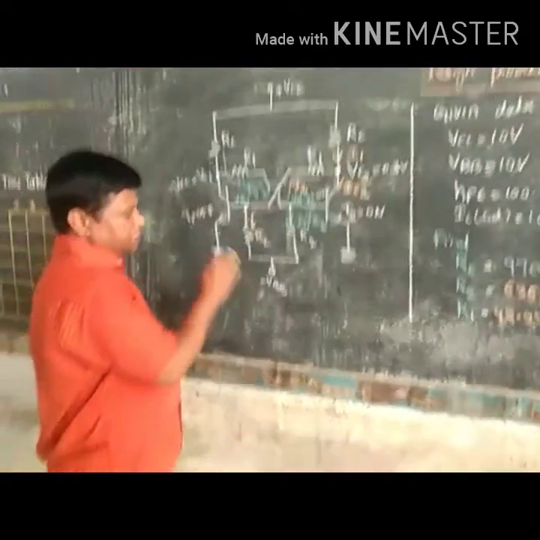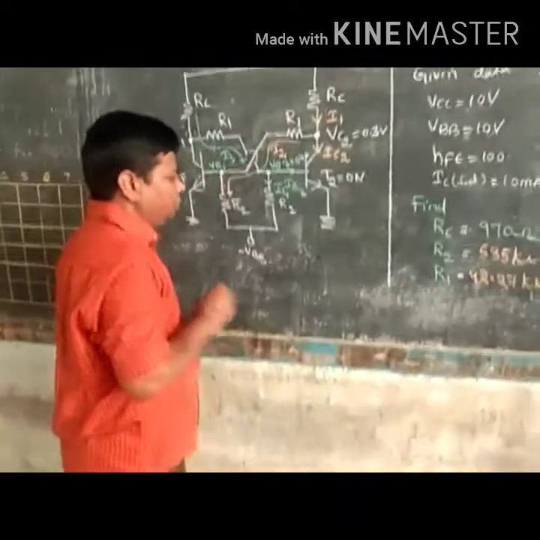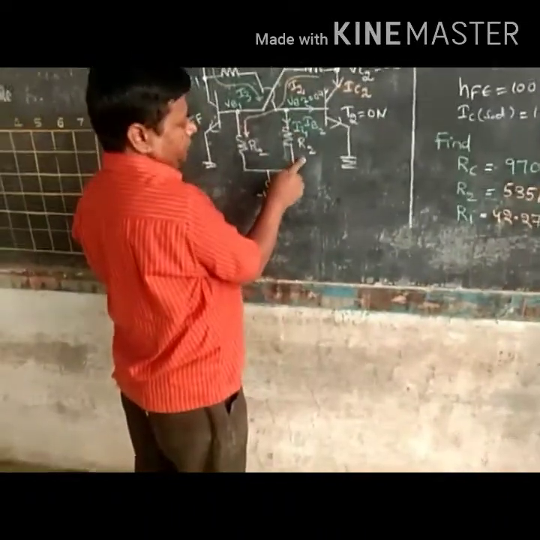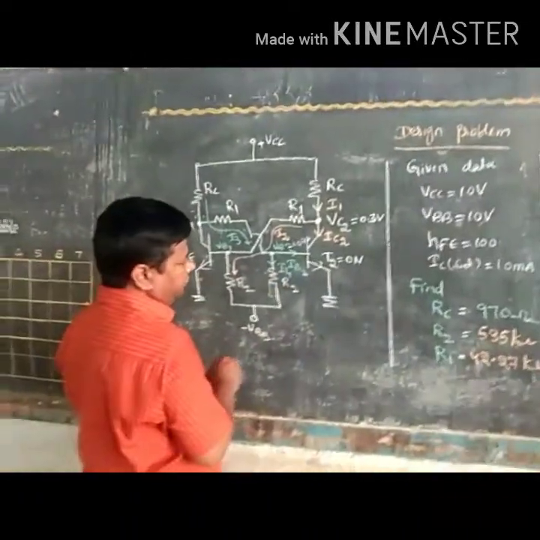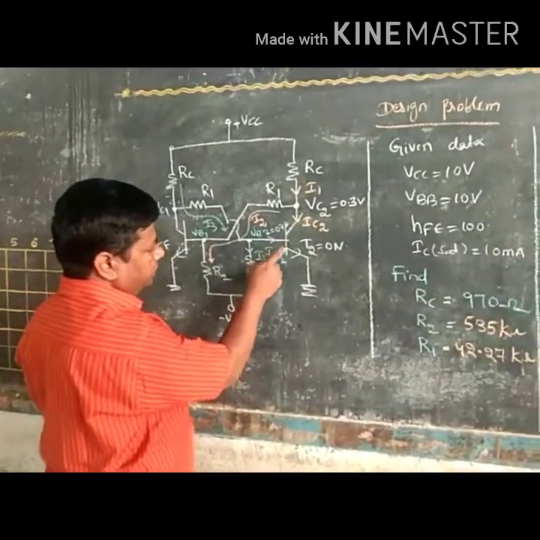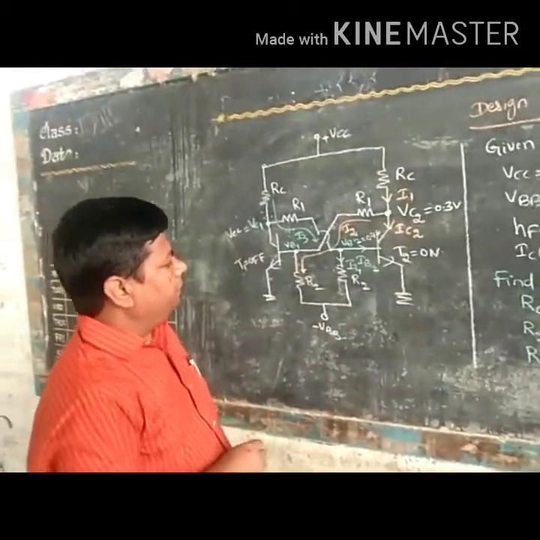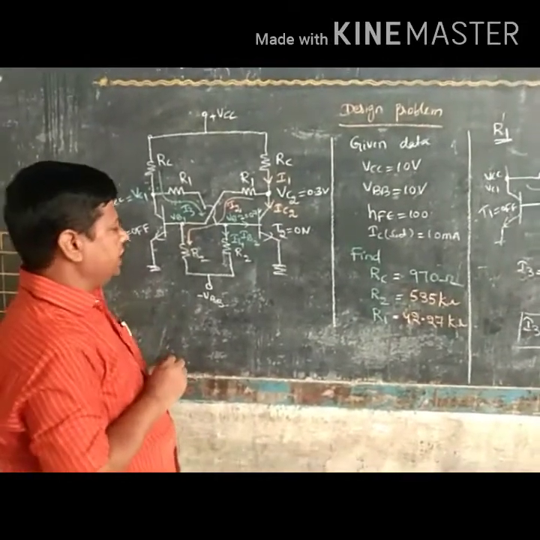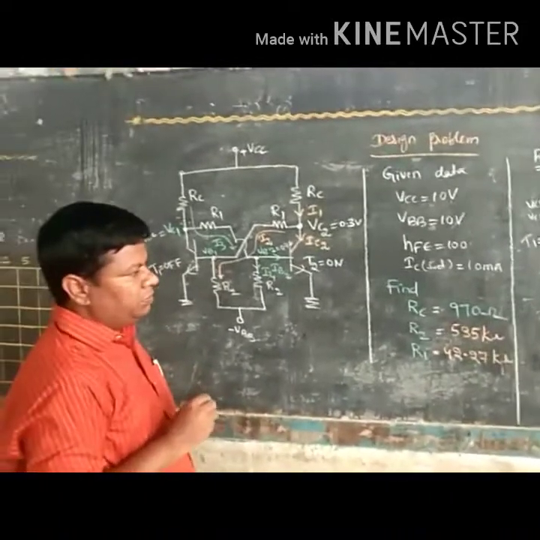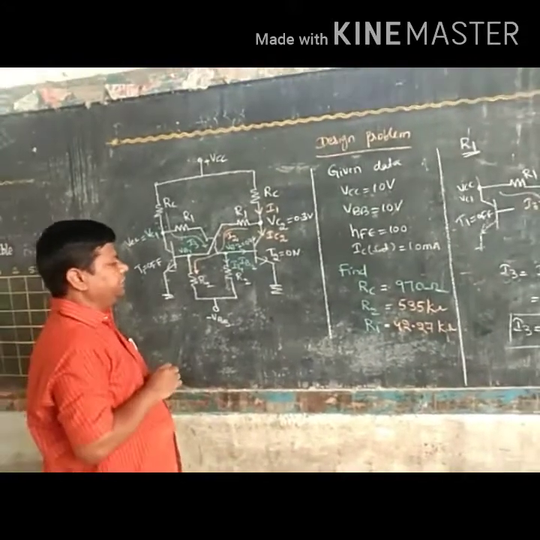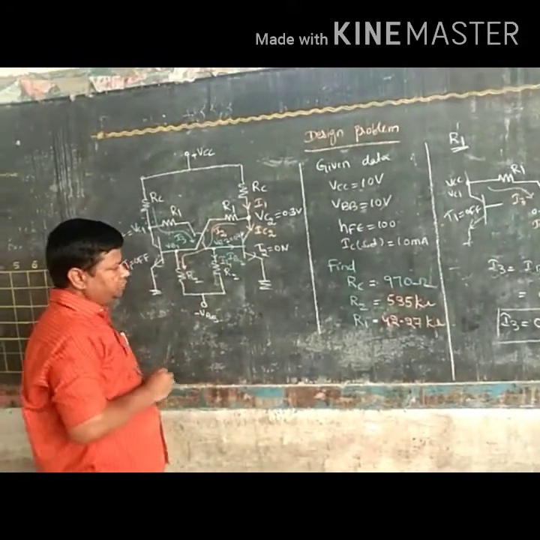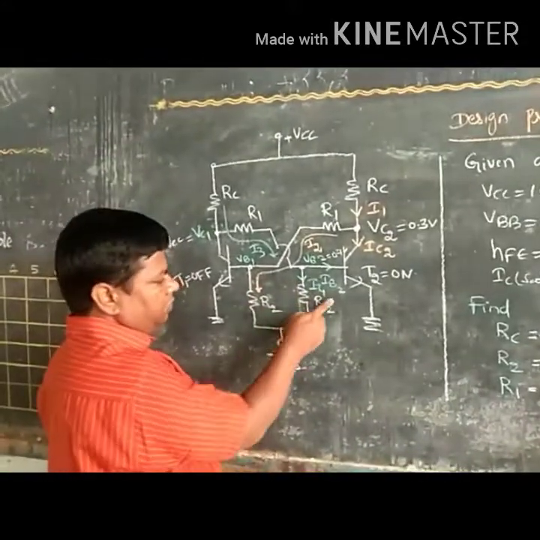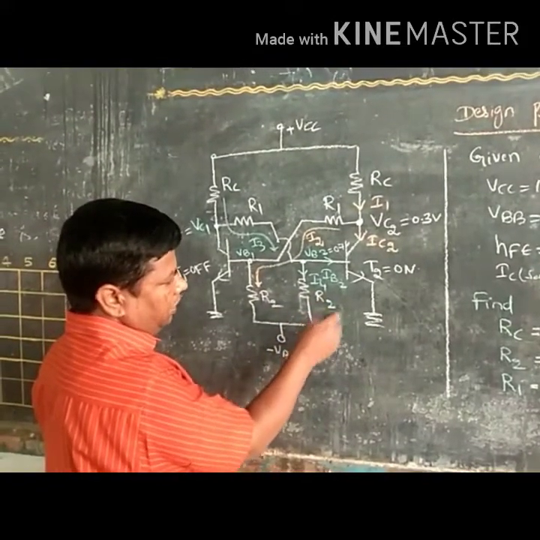Then coming to R2, again here are two assumptions. The current flowing through R2 is I4, and IB2 is the current entering the base of the T2 transistor. IB2 is equal to 2 times IB2 minimum. IB2 minimum is equal to IC2 by HFE. Once you know the IB2, one more assumption is I4 is equal to IB2 by 10.